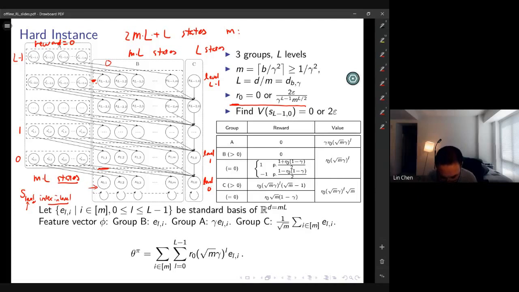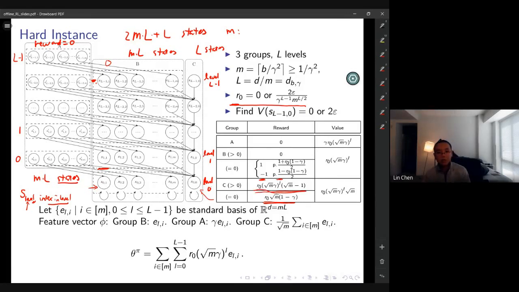And it is actually this: with probability (1 plus R0) times (1 minus gamma) over 2, the reward is 1. And with the remaining probability, the reward is -1. And in group C, if the level is 0, I mean in this state, the reward is this. And on level greater than 0, the reward is this.